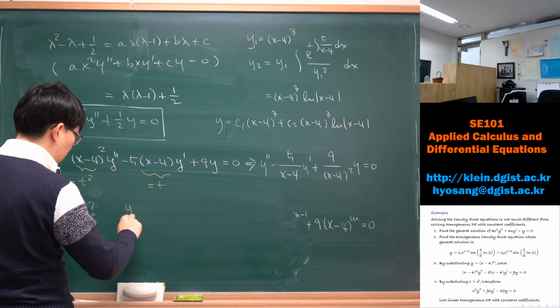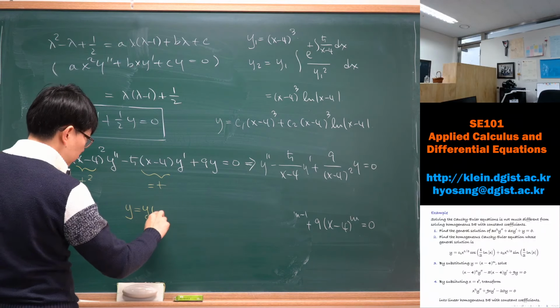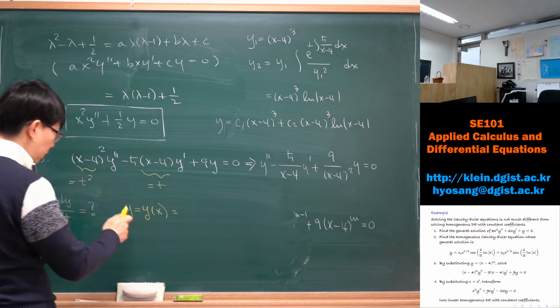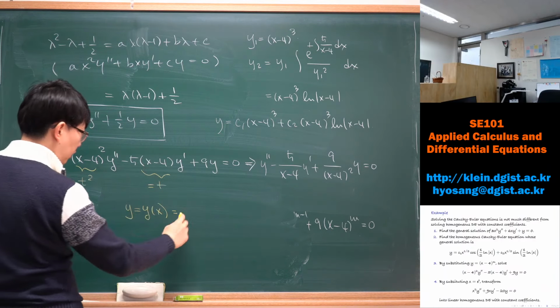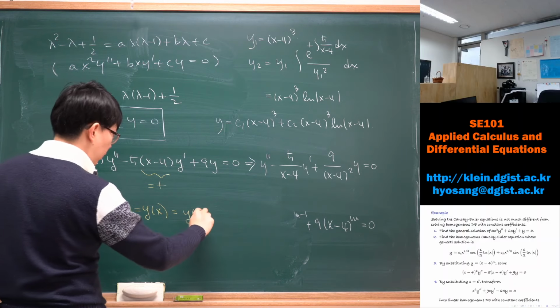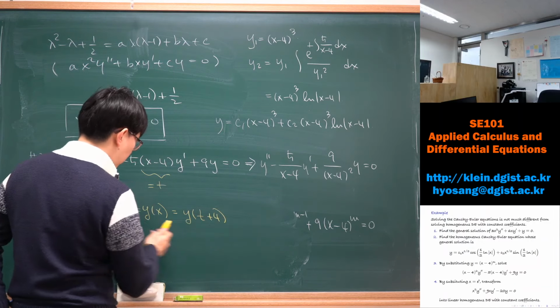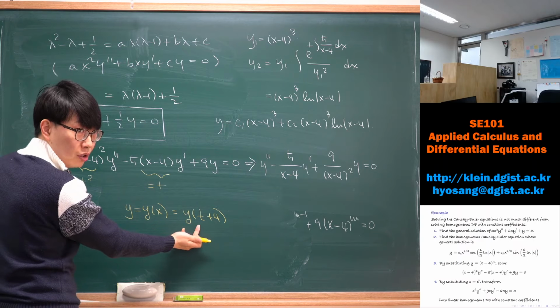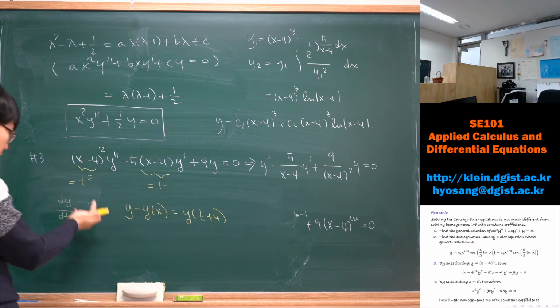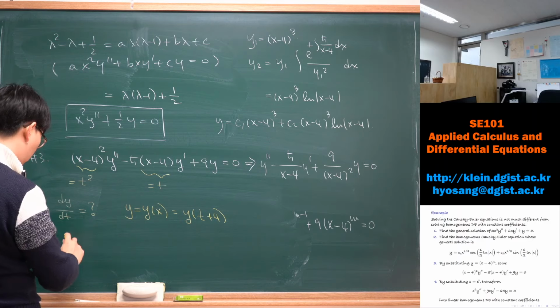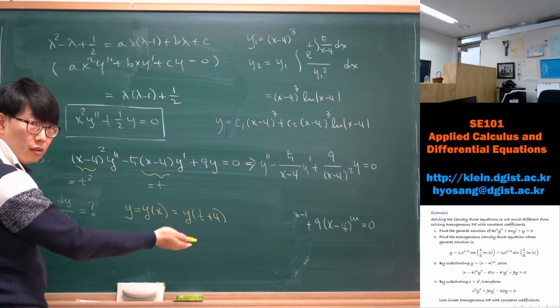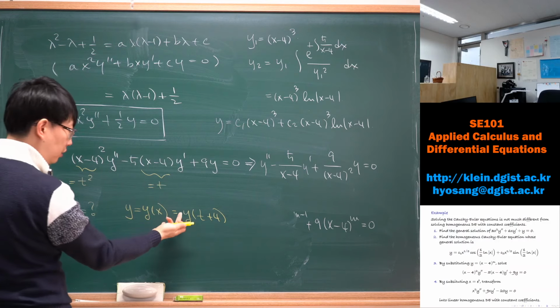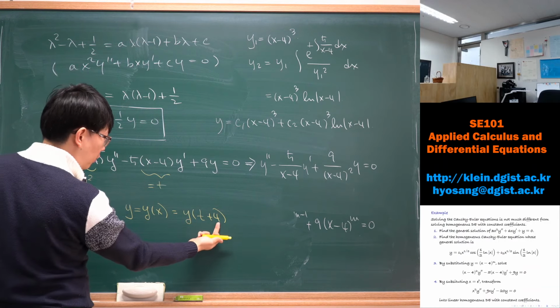Now, y is a function of x, but x is now a function of t because x minus 4 is t, so I can replace x with t plus 4, okay? So I can consider y as a function of t again. So I can consider dy/dt. And what is dy/dt? If you take the derivative of a composite function, this is a composite of y and the t plus 4 function.